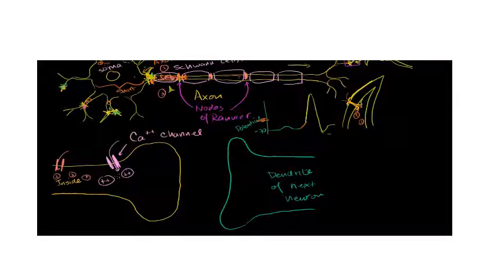And the reason why it wants to flow in is because the cell also, just like it pumps out sodium and pumps in potassium, has calcium ion pumps. The mechanism is nearly identical to what I showed you on the sodium potassium pump, but it deals with calcium. So you have these proteins sitting across the membrane.